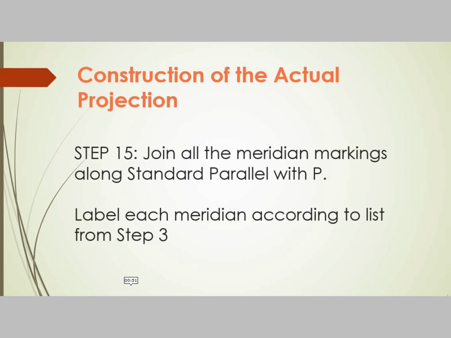In the final step, we will connect the markings on standard parallel 1 with the markings of standard parallel 2 and with the P. So we will try to connect these 3 points for each and every meridian distance, and then in the end we will label the meridians according to the list from step number 3.